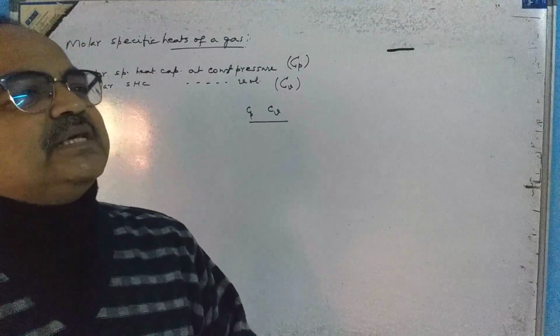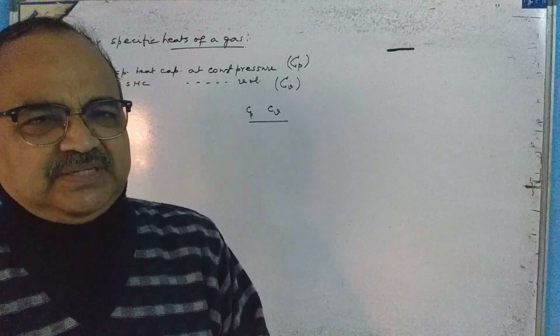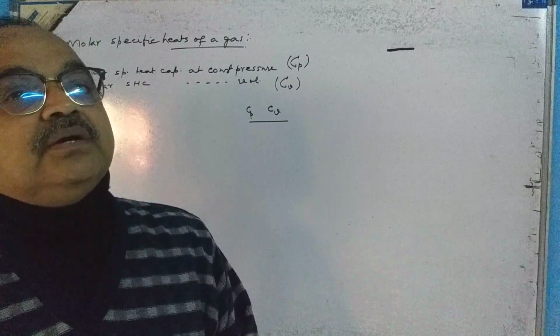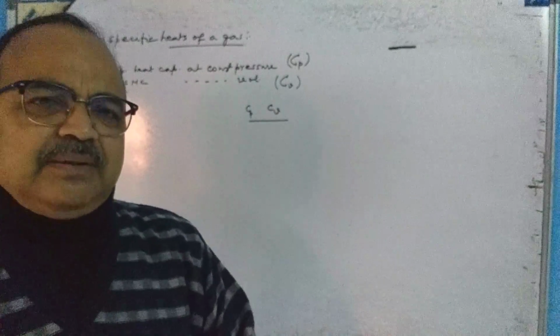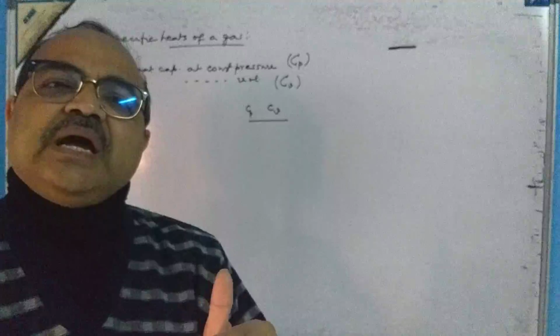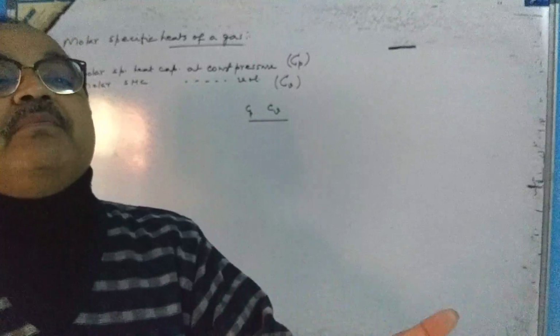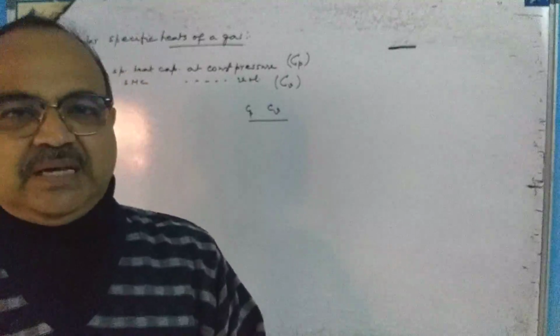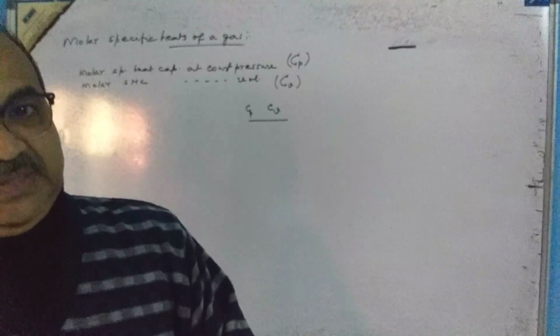When we discuss the ordinary specific capacity, we take the quantity as 1 kg, unit mass of the gas. But here we shall take 1 mole, the molar specific capacity.